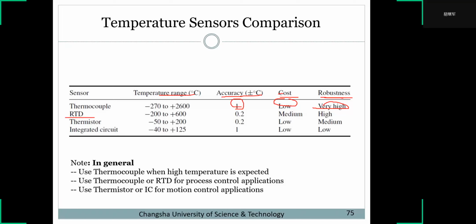RTD: cost is medium, robustness is high, and the accuracy is high. Thermistor: cost low, robustness medium, accuracy is high. IC integrated circuit: cost low, robustness low, accuracy low.